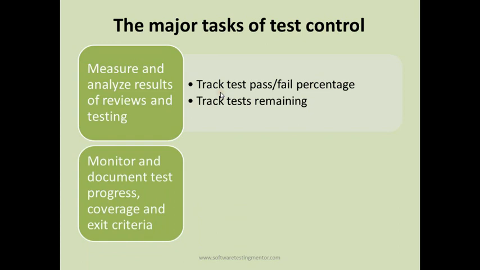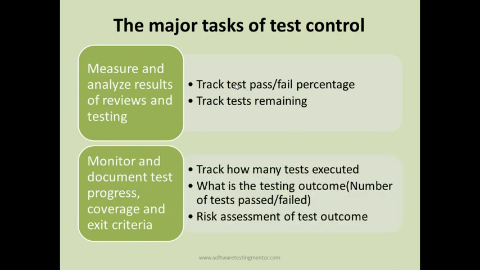Then the second thing is you monitor and document test progress, coverage, and exit criteria. So you monitor how many test cases got executed, what is the testing outcome, how many passed and failed, and then you also do the risk assessment of the test outcome.